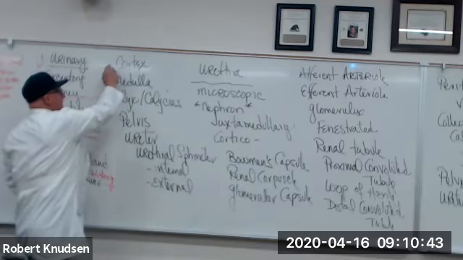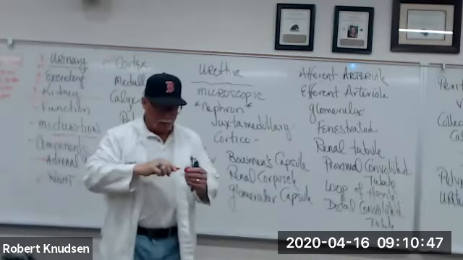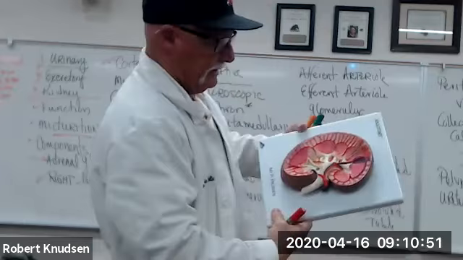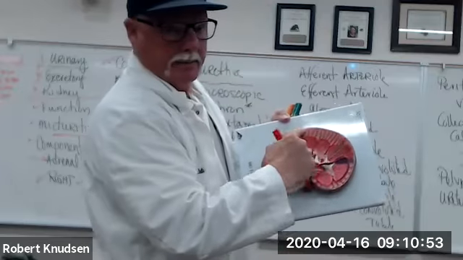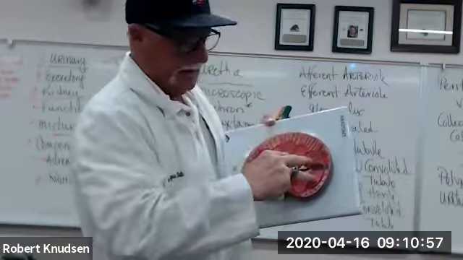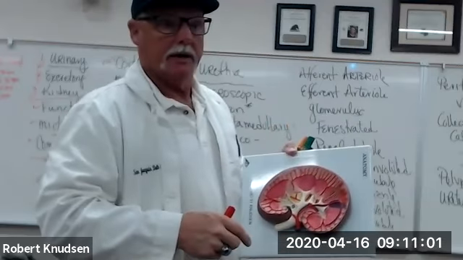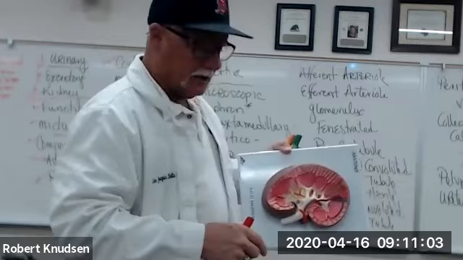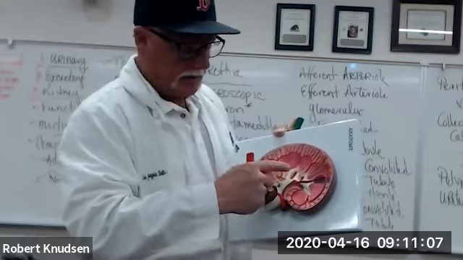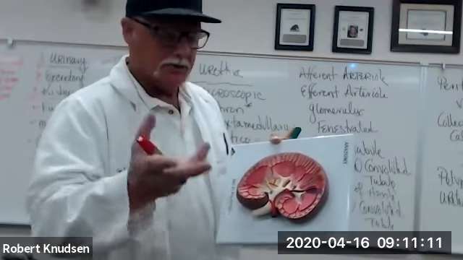The outside layer is called the cortex. Best way to see it, you can see it in all these models, is this one right here. This light pink color is the cortex. And the cortex just means outer layer, because we have a cortex of the adrenal gland also. And then this is the medulla or medullary layer, where all the pyramids are. And the pyramids are made out of nephrons, which is the working unit.